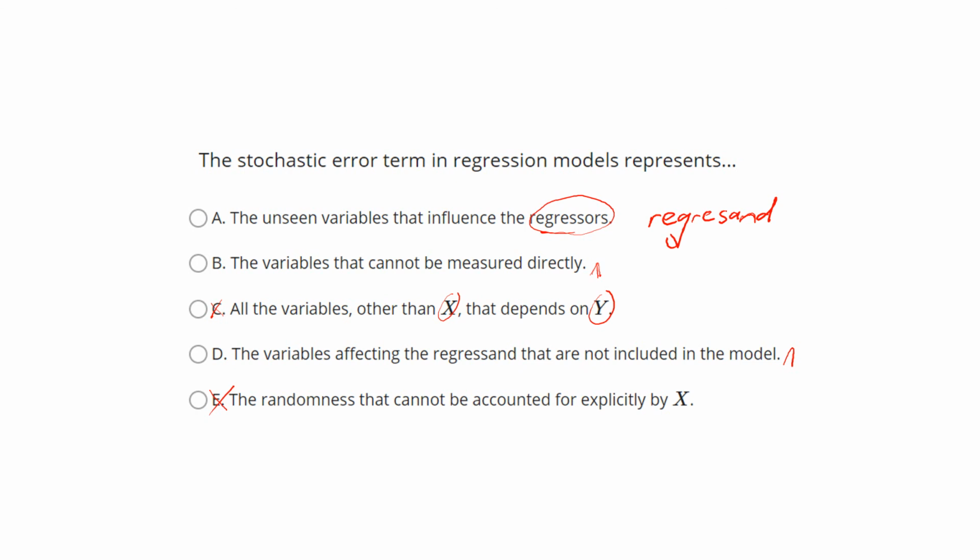Okay. So we've got two candidates, B and D. And as mentioned, D probably is closest to our definition of error term. So I would suggest that we go with D over here. And that's it. Thank you.